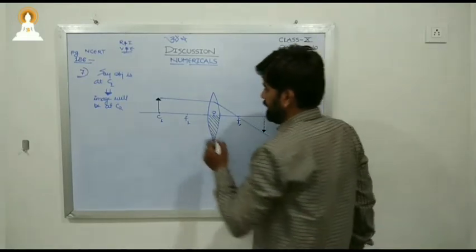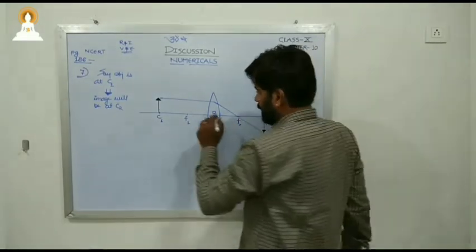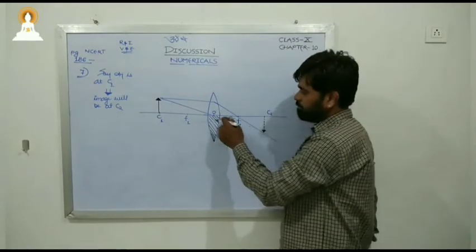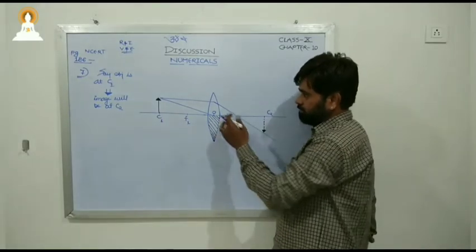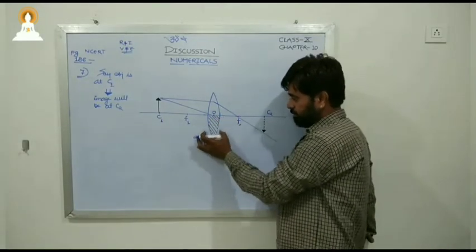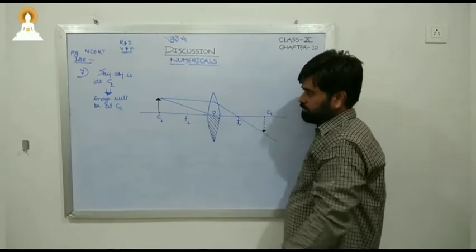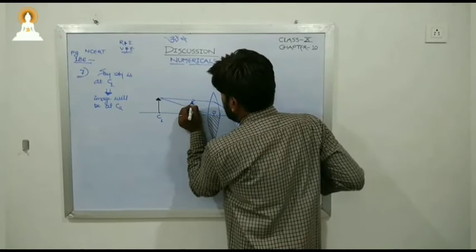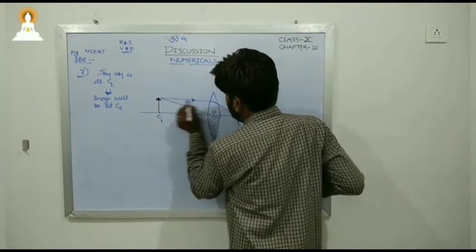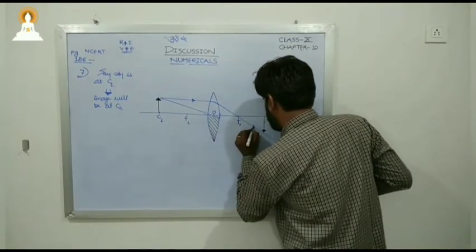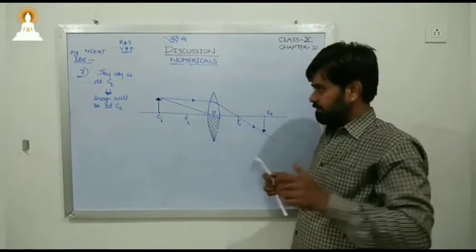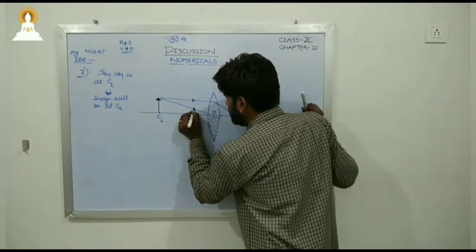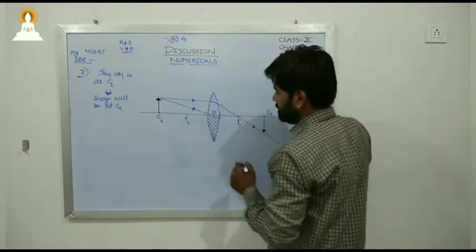Now, if I draw this line like this, then it can't move further. There is a blockage because of this particular one. So we can't do this. But listen carefully. We have rules for the horizontal line, for the optical center, and for the focus.